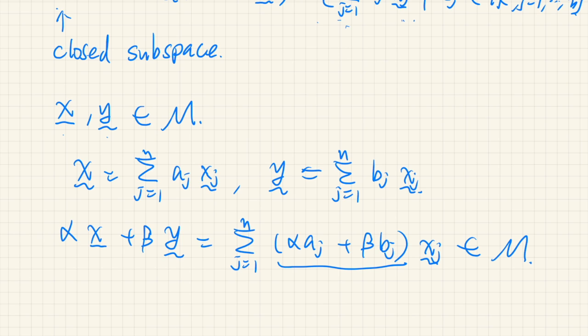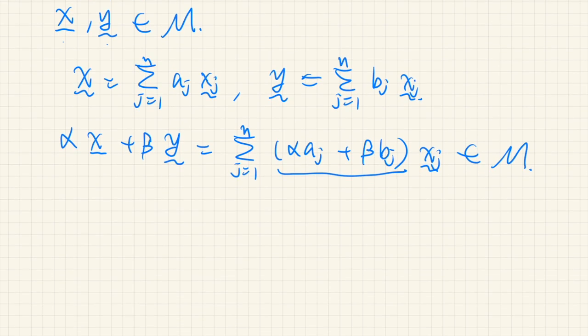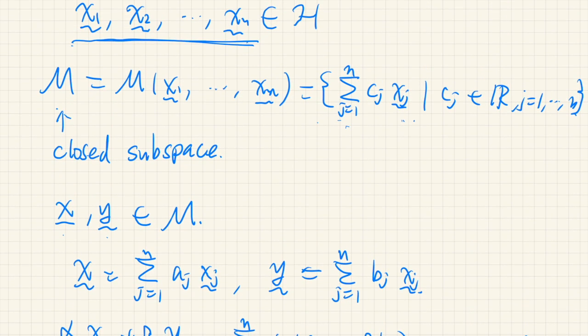And next we need to show that it is a closed subset. First of all, if these n vectors are not linearly independent, then we can remove some of the vectors until all of the vectors are linearly independent. So we just assume that all of them are linearly independent without loss of generality.